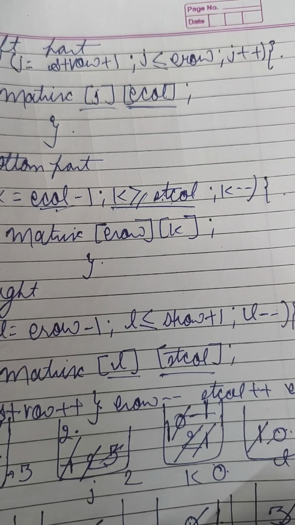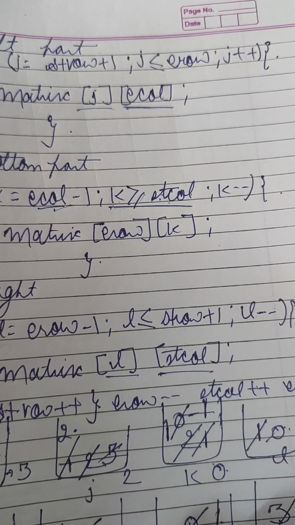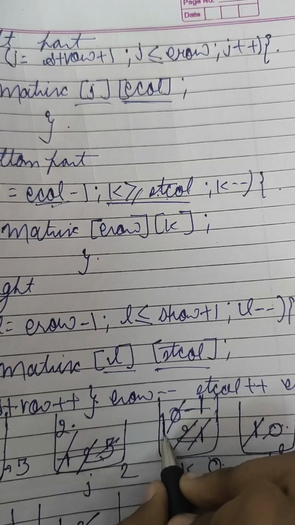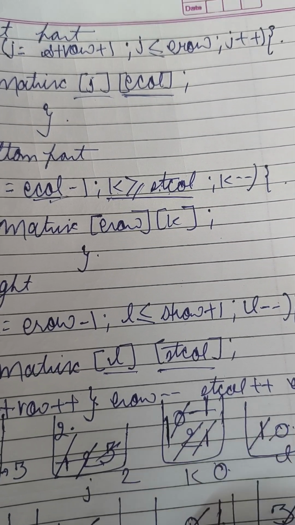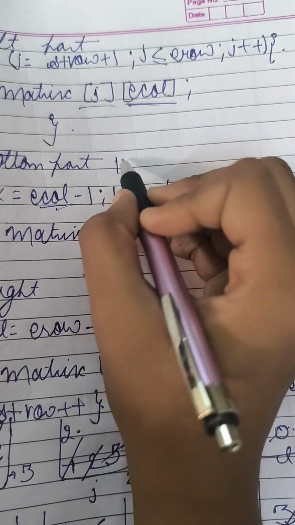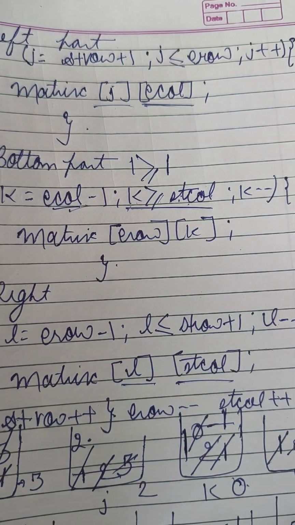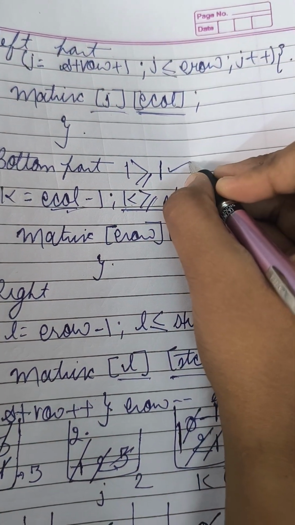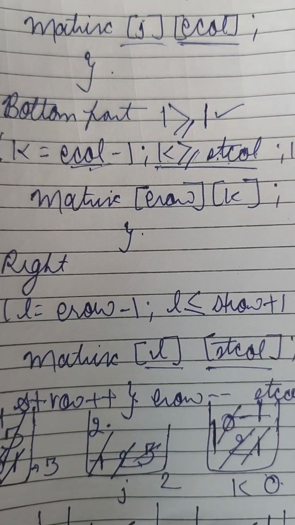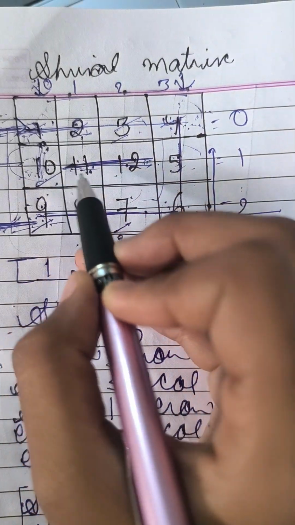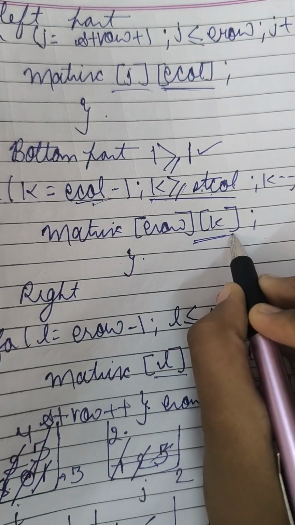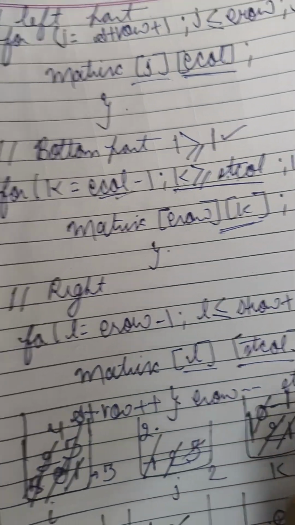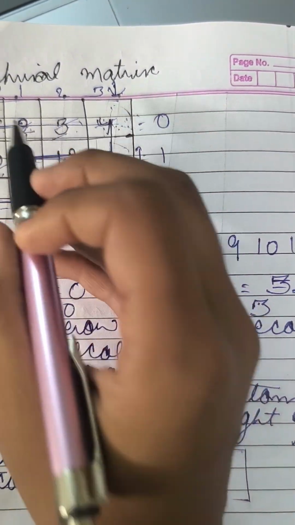Because we didn't want the same elements to be printed, and the end column is right now 2, and end column minus 1 happened, so it became 1. When we applied the condition, 1 greater than or equal to 1, it is fulfilling right now, right? So what will happen is that the matrix of end row currently is 1. So the matrix of end row and the matrix of k, which is 1 right now, is going to be repeated over here.